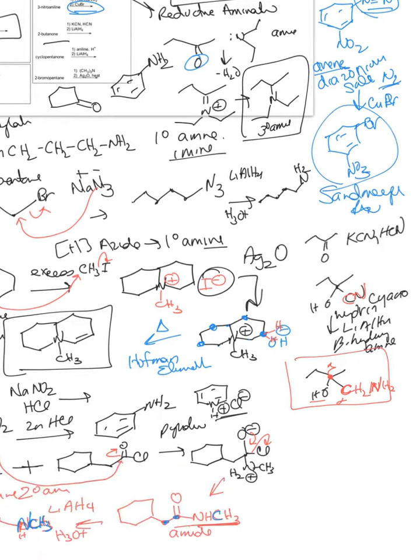Okay, so the first one here, can't really see it, but you go from an amine to a nitrile. And so the way to do that is the sodium nitrite and HCl. And then you want to react that with copper cyanide. That's the Sandmeyer.